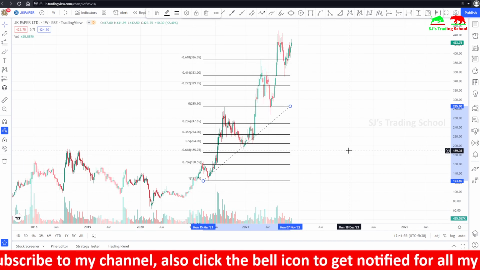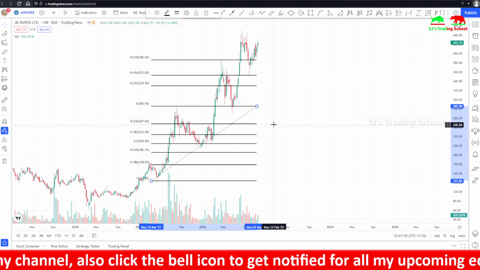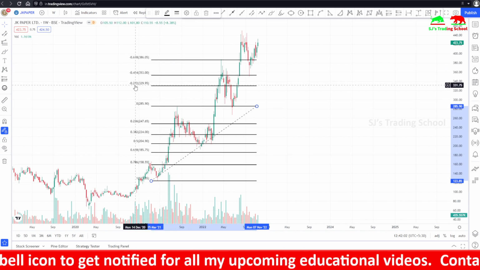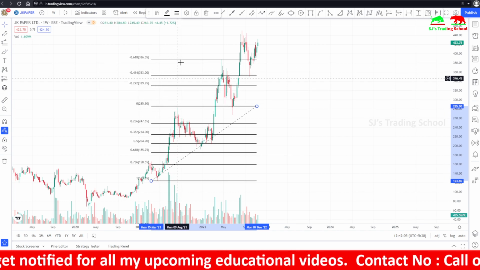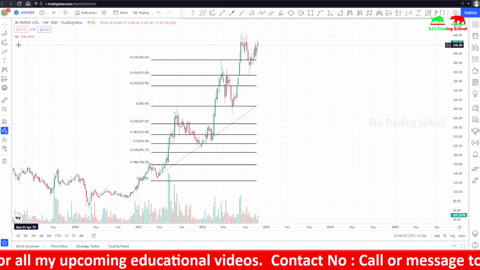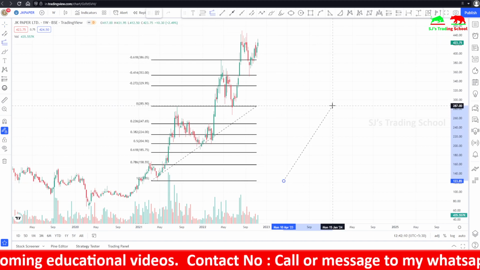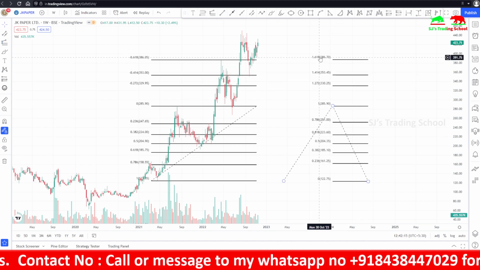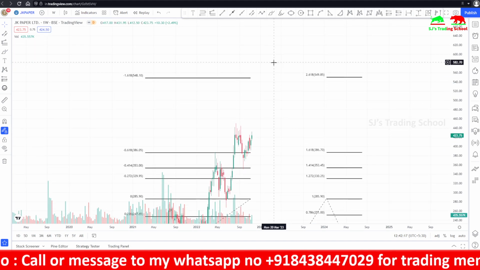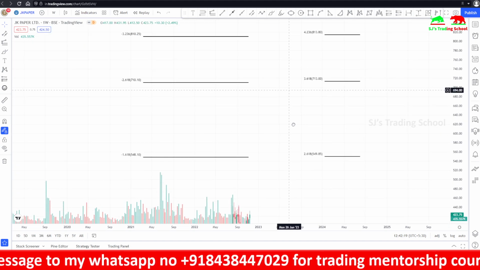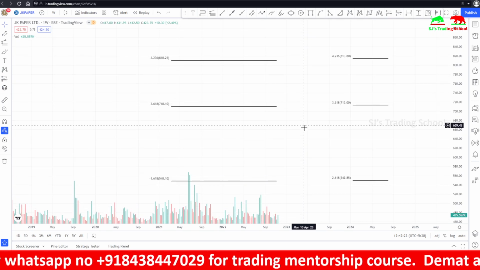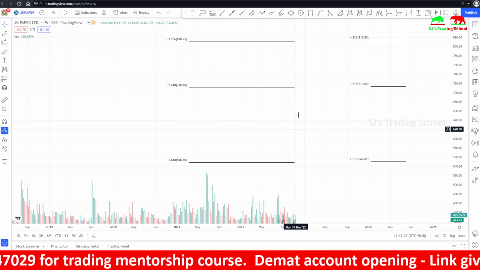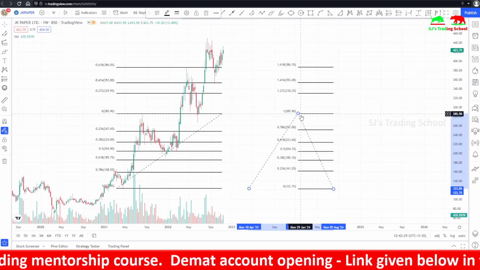Basically the numbers are 0.236, 0.382, 0.5, 0.618, 0.786 and minus 0.272. You can keep the extension normally with 1.272, 1.414, 1.618, and then 2.618, 3.618, 4.236. You can customize and see which levels match the same levels in the Fibonacci retracement, and keep your numbers.